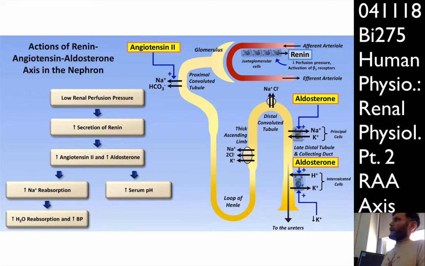All right, so on the left here, let's go over the general flow first. We have low renal perfusion pressure, which the macula densa will sense, and the juxtaglomerular cells in response will secrete renin. This gets put into the bloodstream and leads to the production of angiotensin II and aldosterone via the pathways I just showed you. What are the effects?